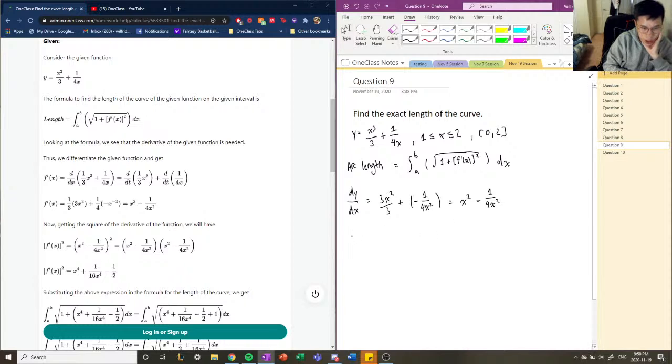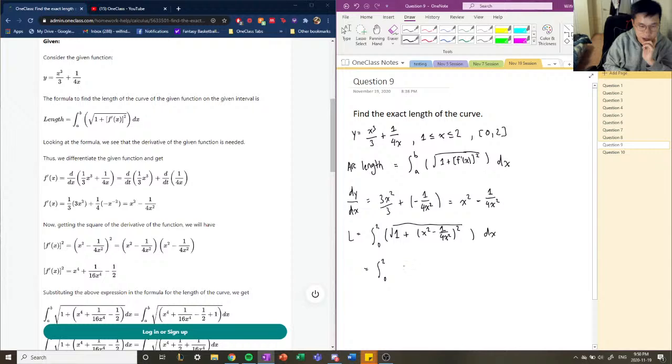So arc length, let's call it L, equals the definite integral from 1 to 2 of the square root of 1 plus (x squared minus 1 over 4x squared) squared, dx. We're going to expand this first.